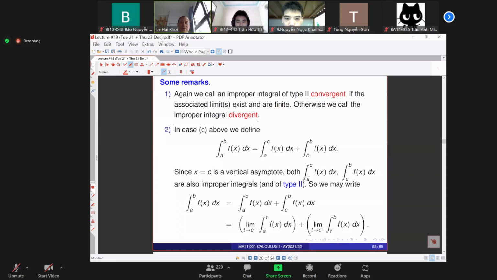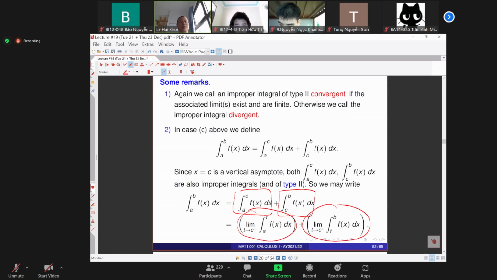In case 3, remember, this is also the same as type 1. You can look at each integral, part A and part B, and work on both to be sure whether both improper integrals of type A and B converge.